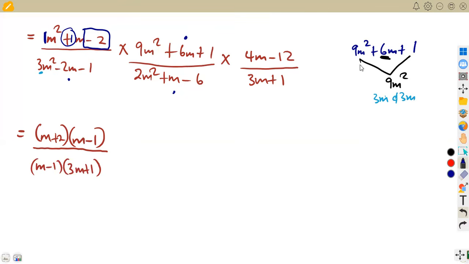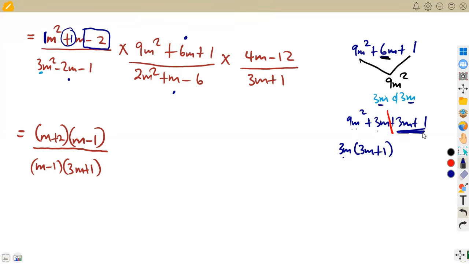If we are to take this now, we are going to have 9m squared. We replace this into the middle term. So it's going to be plus 3m plus 3m plus 1. We group them into 2. What is common for the first two terms? 3m. We divide 9m squared by 3m. It's going to be 3m, 3m and 3m, which is a plus 1.